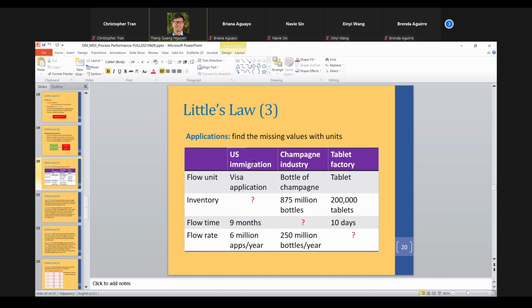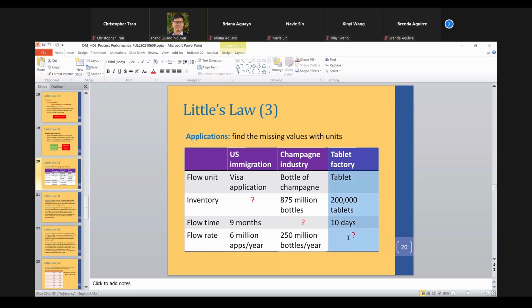So in the first example, we're going to talk about the U.S. immigration process, right? The visa application goes through the process, and they give us the flow time and the flow rate, and they ask for the inventory. In the second example, we talk about the champagne industry. They give us the inventory and the flow rate, and we need to figure out the flow time.